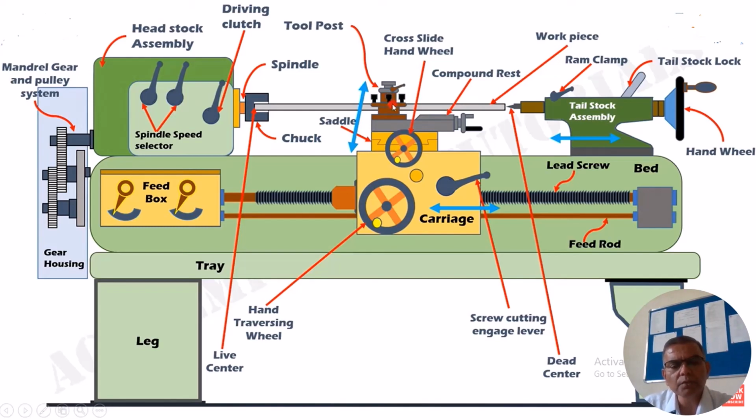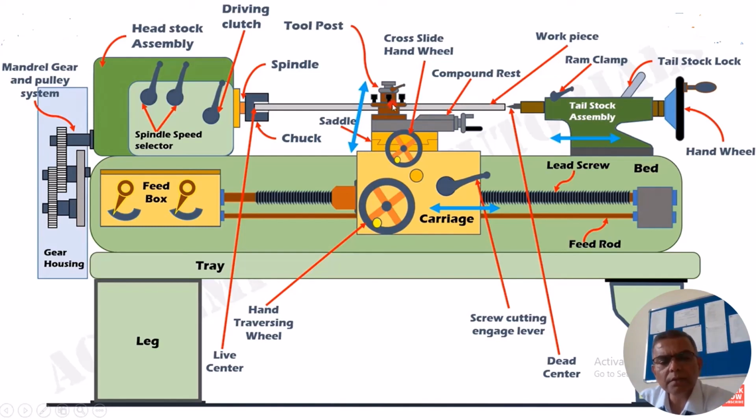These are the two legs which support the whole lathe machine, and they are made out of cast iron. By using a casting technique, these legs have been manufactured, so they have better vibration absorbing capacity and good wear resistance. That is the reason why cast iron has been chosen, and these have been produced by the casting process.